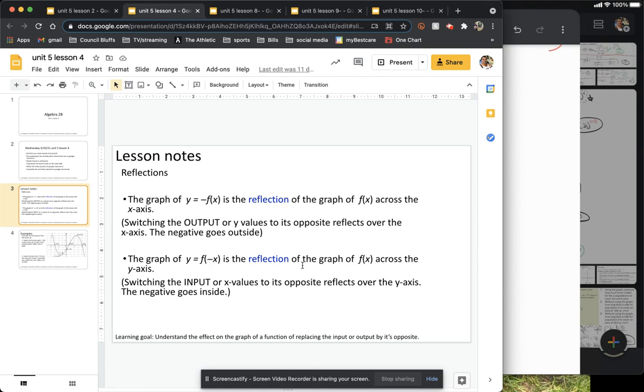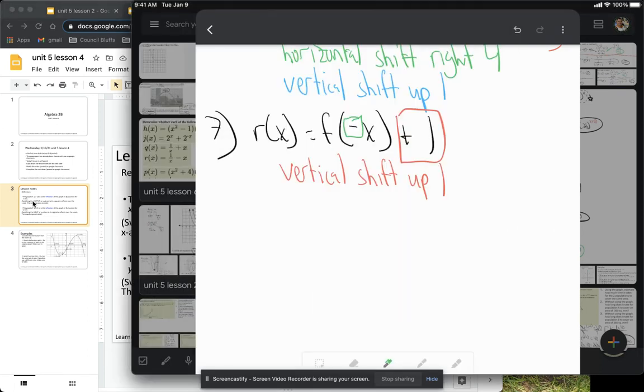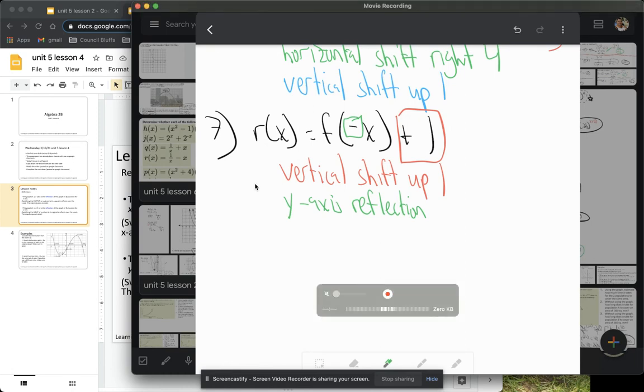Negative inside the parentheses tells me that it's a reflection across the y-axis. So those are the 2 transformations, a vertical shift up 1 and a y-axis reflection. All right. And that was it for number 7.